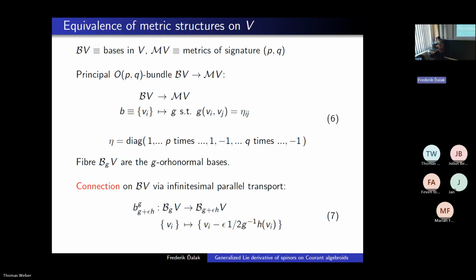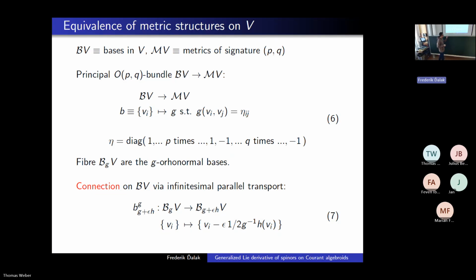And now what you can do, you can actually establish a connection on this principal bundle by defining the infinitesimal parallel transport between two infinitesimally close fibers. And so this is what it looks like. So if you have fibers over two infinitesimally close metrics, G and G plus epsilon H, being some kind of infinitesimally shifted metric, then to define the parallel transport, we need to connect the two fibers, right?